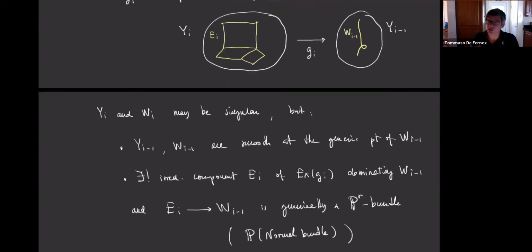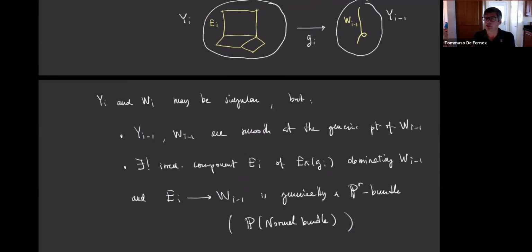If I just restrict to an open set where everything is smooth, I'm just blowing up a smooth variety in a smooth variety, and the exceptional divisor will be irreducible, and we'll have just a projectivization of the normal bundle.